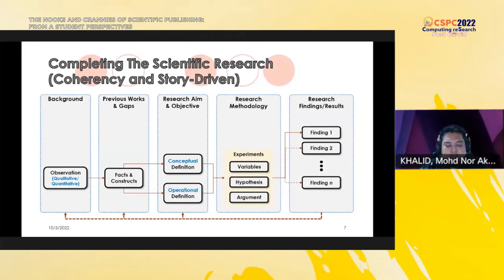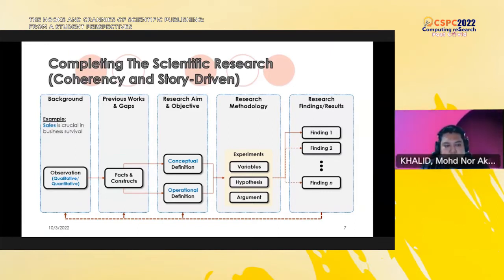So from there you can relate to the parts of your research study, which are the background, previous work, research aim, research methodology, and findings. And these are just one way of doing it. Sometimes you can cycle certain things and also repeat certain things. But as long as it addresses previous work and reflects back to the background, then it should be okay.